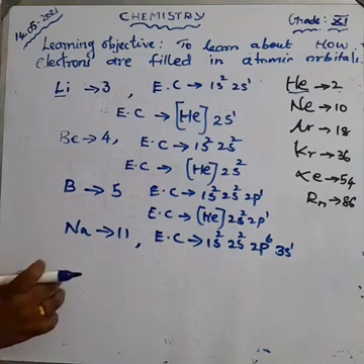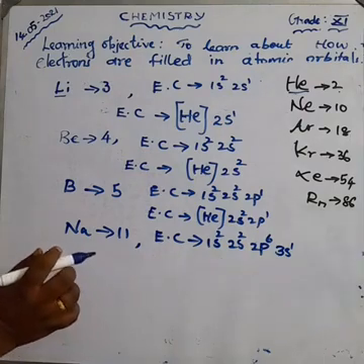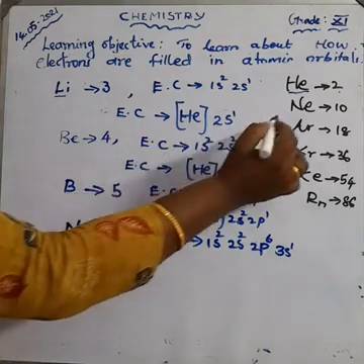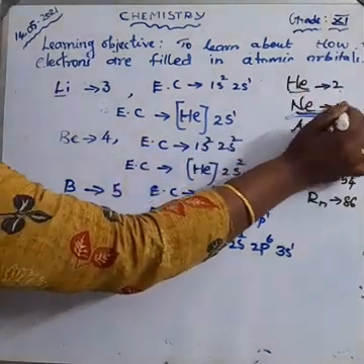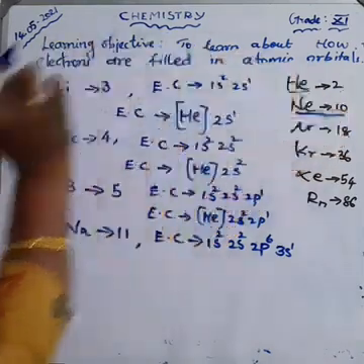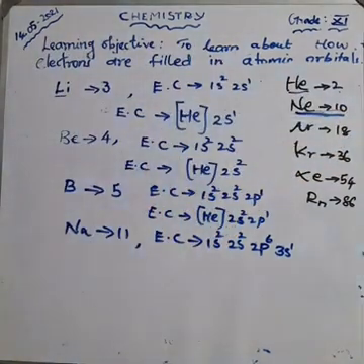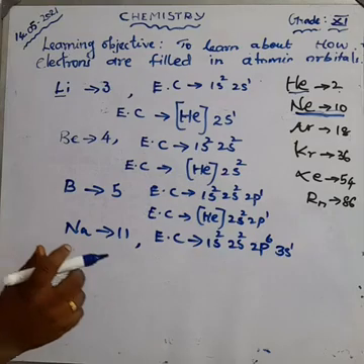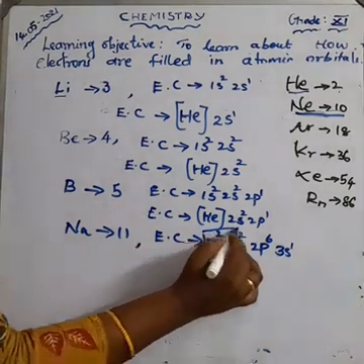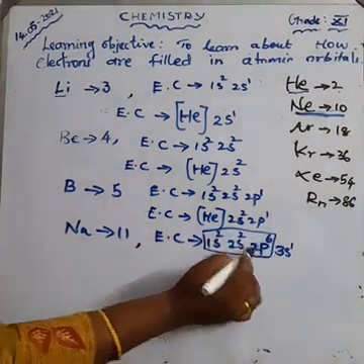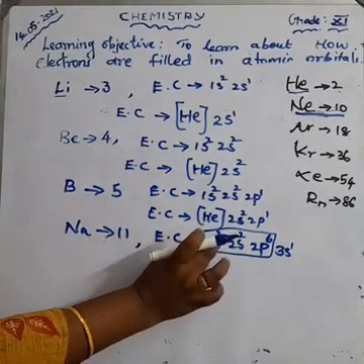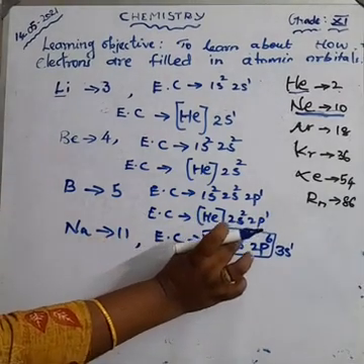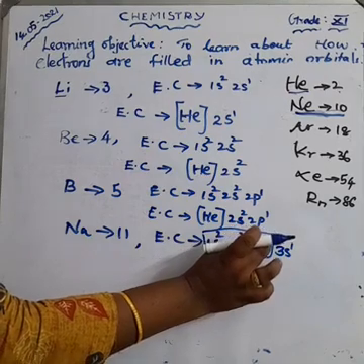So the nearest noble gas for sodium is neon. Neon is the nearest noble gas for sodium. Okay, so instead of this 1s2, 2s2, 2p6, atomic number 10, 2 plus 2 is 4, 4 plus 6 is 10.